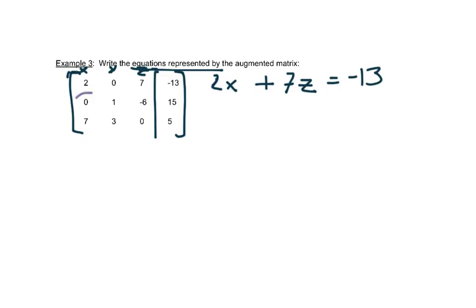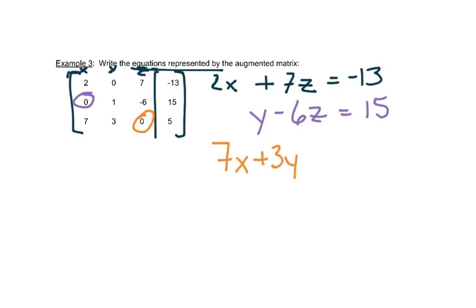The next equation tells us there's no x, so we usually would just not write the x. And so we'd have 1y, or just y, minus 6z equals 15. And in the last equation, the 0 in the z column tells us that there's no z, so we would just write 7x plus 3y equals 5.